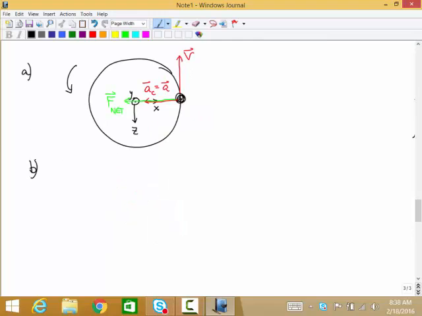Now for part B, we'll put the numbers in. The centripetal acceleration is equal to omega squared r, and we figured out that at this instant it's pointing to the left. Omega we can get because we know that every rotation is 2 seconds. So omega is equal to 2 pi radians over 2 seconds, so pi radians per second.